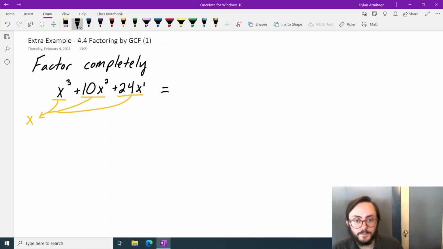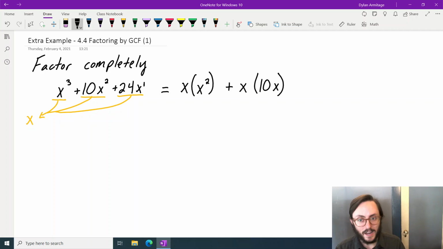Okay, well, we know from how multiplication and exponents work that we can have x times x squared, right? That's x cubed, plus x times 10x, because that's 10x to the second if we were to expand it back, plus x times 24, because that's 24x.